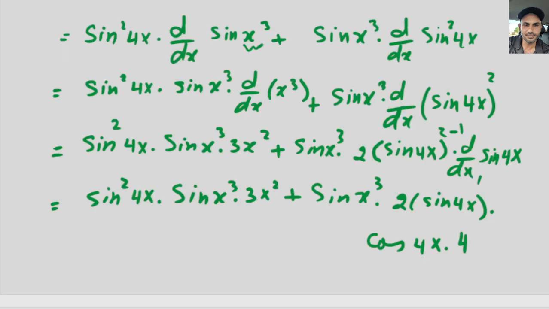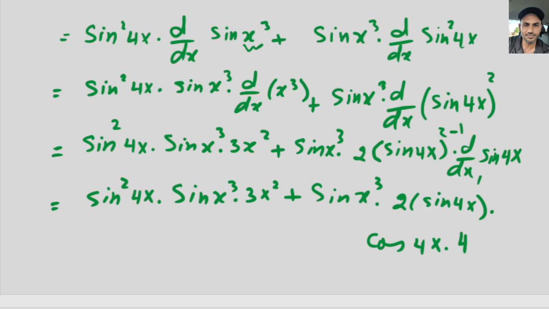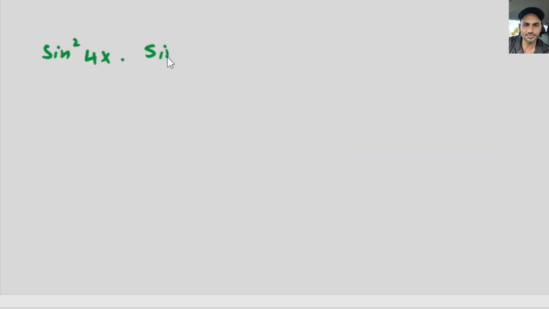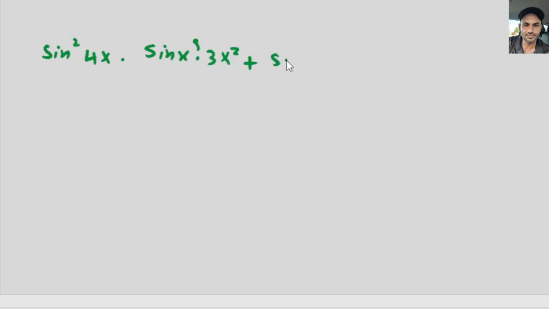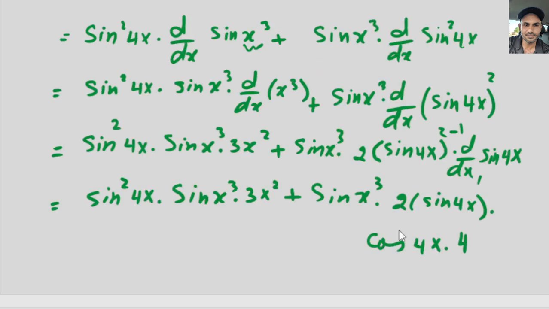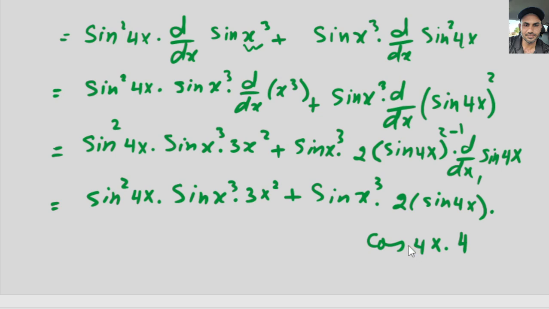We get sine squared 4x times cosine of x cubed times 3x squared, plus sine of x cubed times 2 sine of 4x times cosine of 4x times 4.